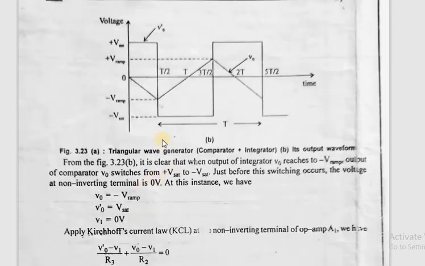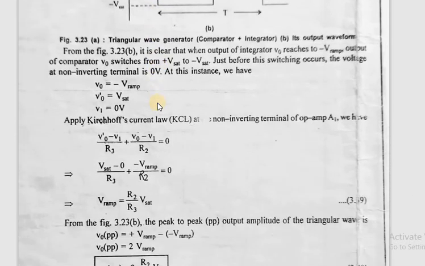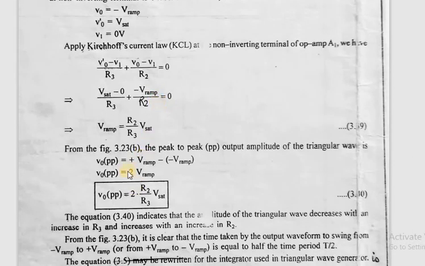Otherwise also we can calculate from here till here, it is 2 V ramp. This is the peak to peak voltage we are calculating. Now with the help of this we can calculate the output peak to peak voltage. Putting in the value of V ramp, we get 2 R2 upon R3 times Vsat.